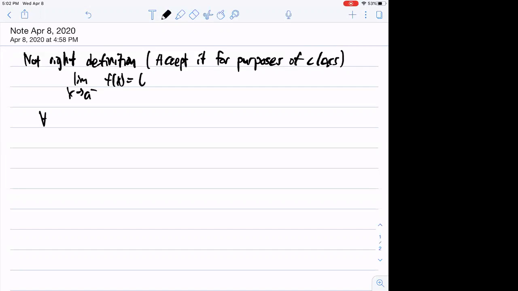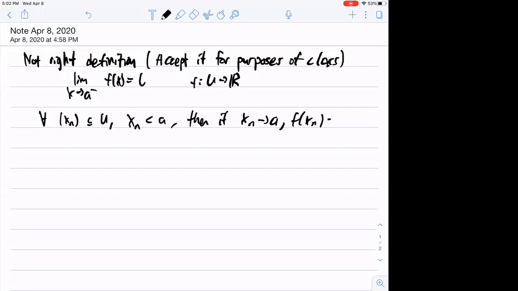If f maps U to R, then intuitively you want to say this: x_n in U, and since we're coming from the left, x_n smaller than a, then if x_n goes to a, f of x_n goes to L, right? So not equals, but goes to. So that's intuitively what you want to say, right? But sadly, this definition is wrong.